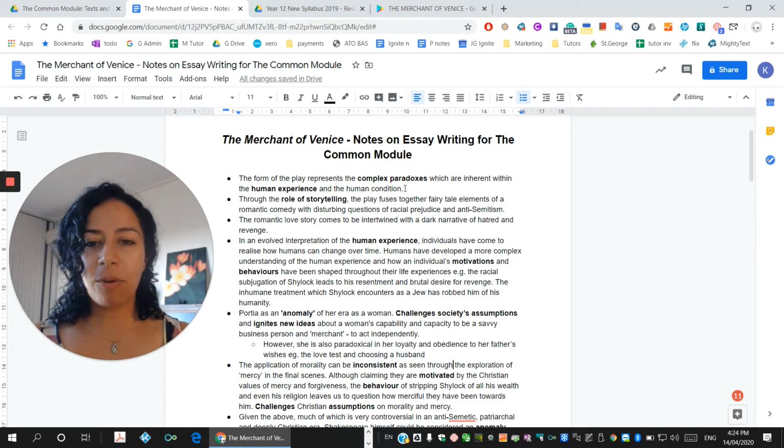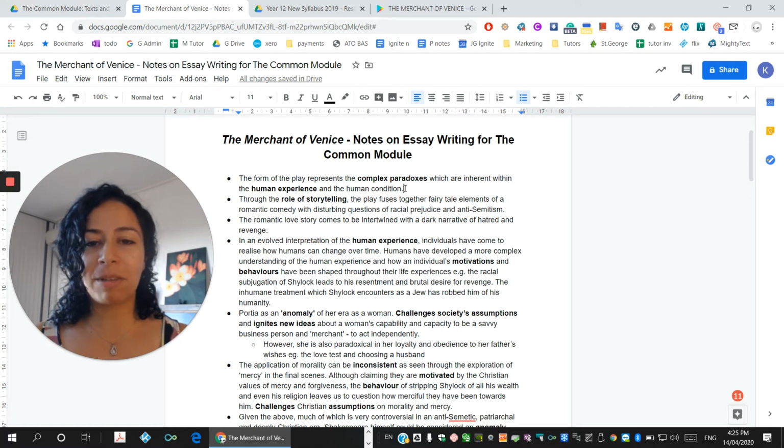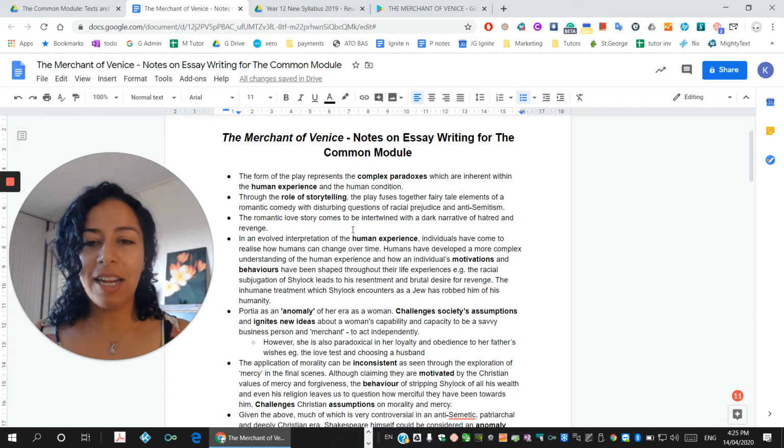So that's the one we talked about: the form of the play represents the complex paradoxes which are inherent in the human experience. If you want to incorporate the words role of storytelling, because that's in the rubric: through the role of storytelling, the play fuses together fairy tale elements of romantic comedy with disturbing questions of racial prejudice and anti-Semitism. So if they asked you about the role of storytelling, obviously that's something you could say.